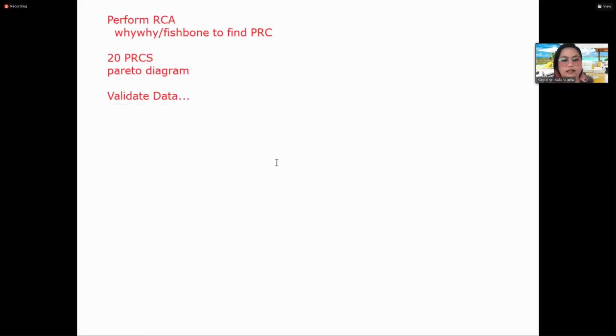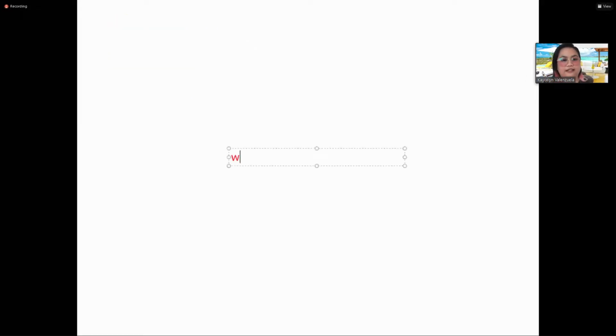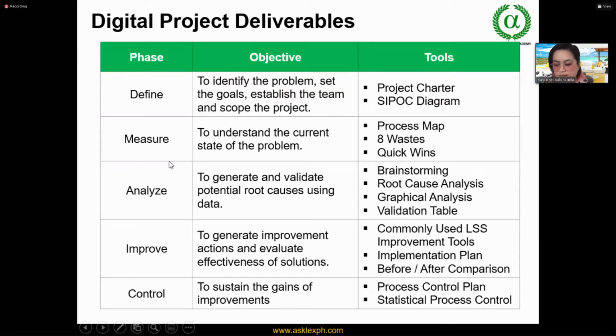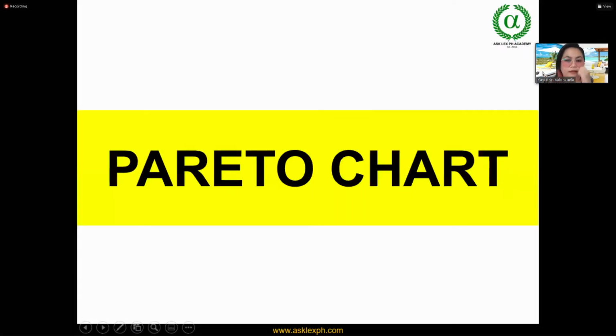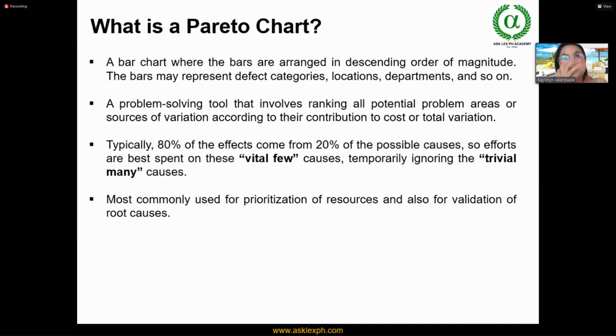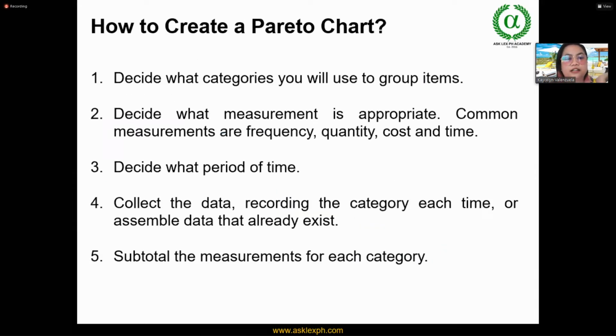Let's look at our slide. Okay. So Pareto, sabi 80-20 rule. 80-20 rule. Vital few and trivial many.